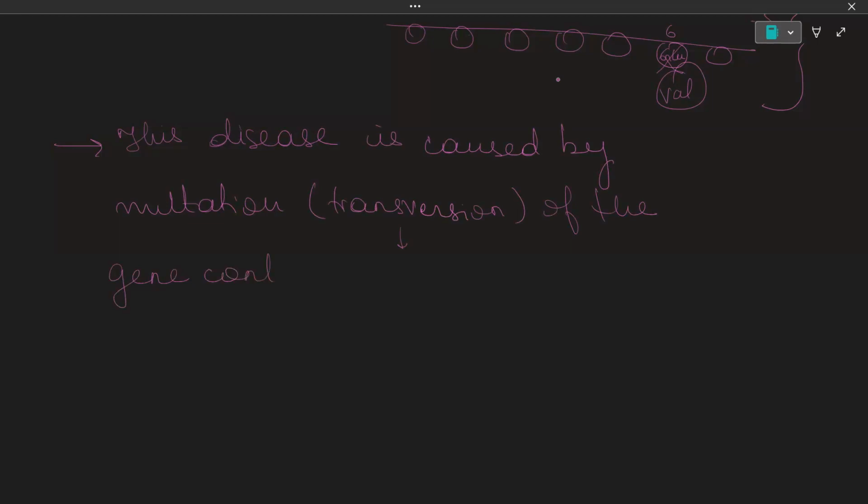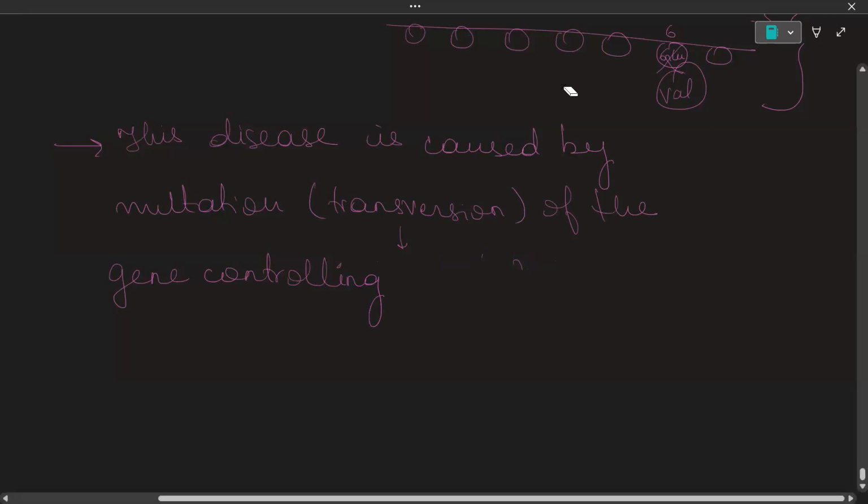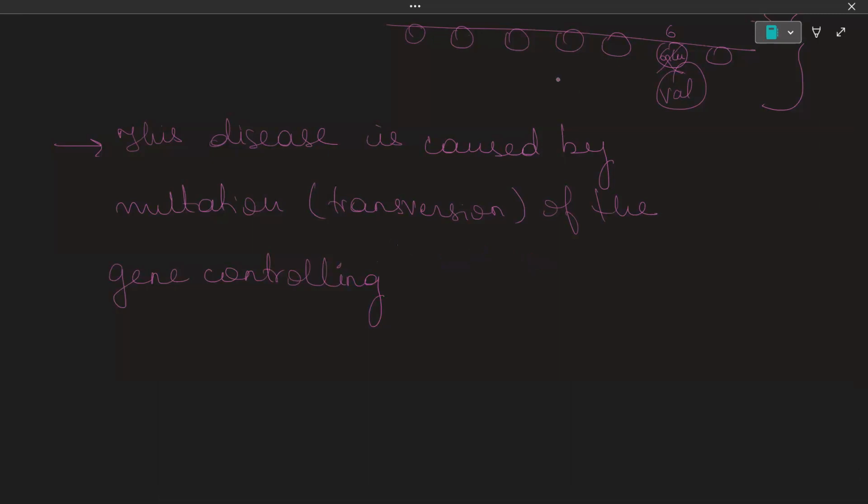Gene mutation? No. But I mean, yes, technically you're right, but not the exact word. The exact word is substitution mutation. Remember I said, have you people had substitution teachers in your school? I said that, you remember? Yes. So you write down near the transversion also substitution mutation.